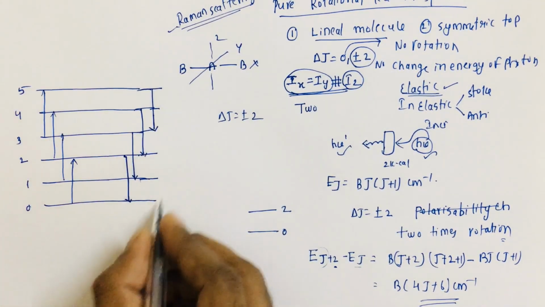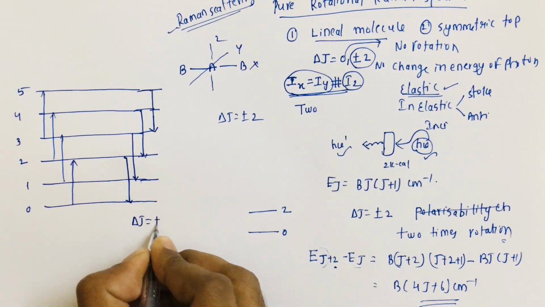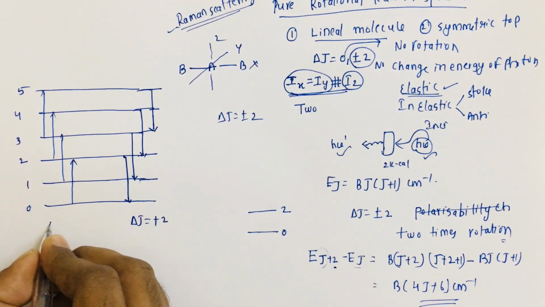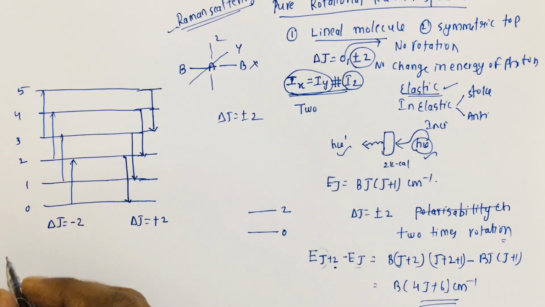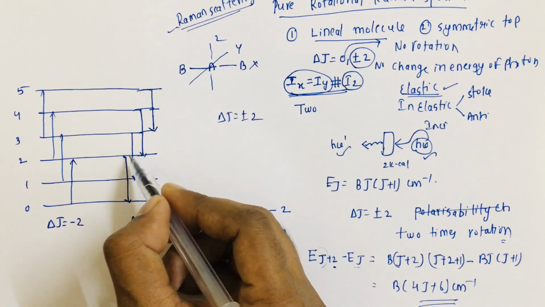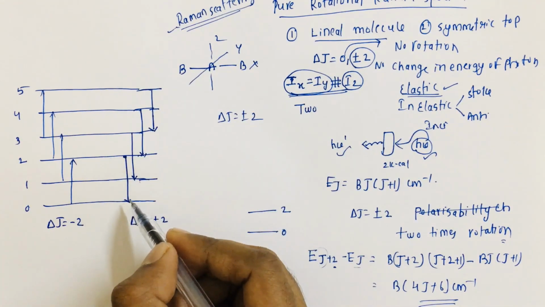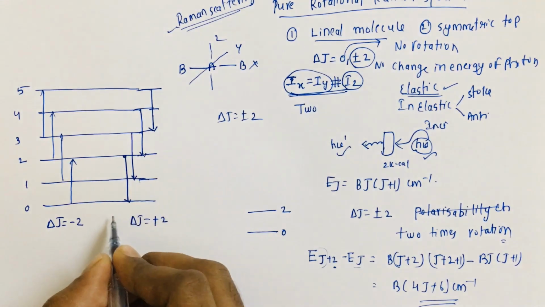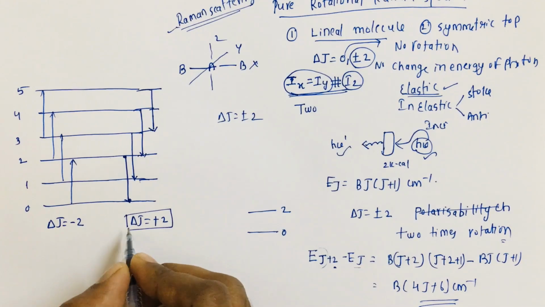The selection rule for these transitions is delta J equals plus 2. The selection rule for these transitions is delta J equals minus 2, because these transitions happen from a higher energy level to a lower energy level, meaning there is some release of energy. Because of that we have a positive term here.